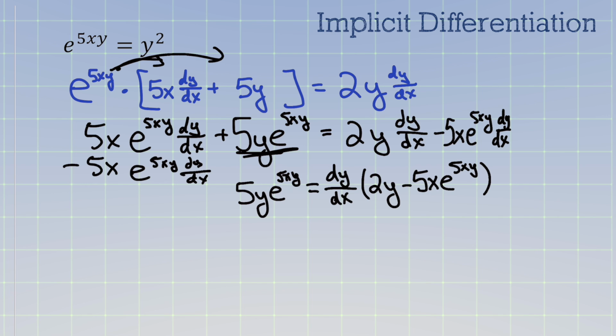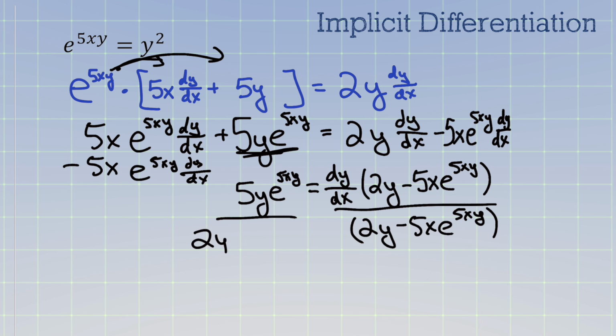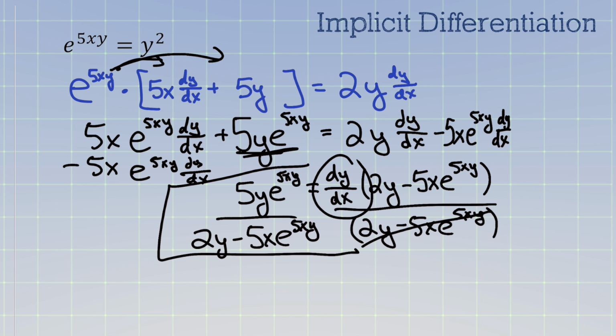And then all we have to do is divide by that parenthesis on both sides. We're going to divide by 2y minus 5x e to the 5xy power. And we have our final derivative. There you go. dy dx would equal this right here.